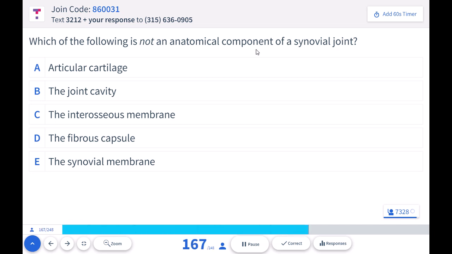We have articular cartilage, the joint cavity, an interosseous membrane, the fibrous capsule, and the synovial membrane. So what is not part of a synovial joint?